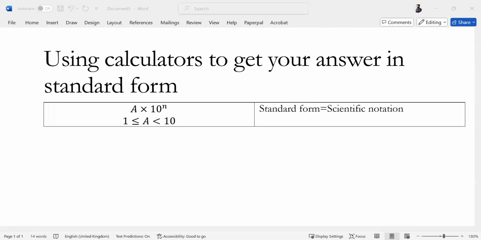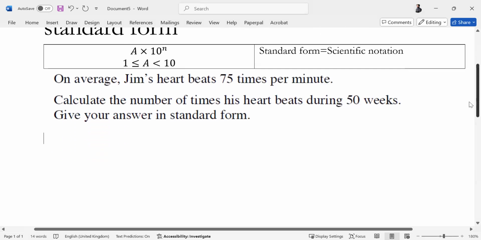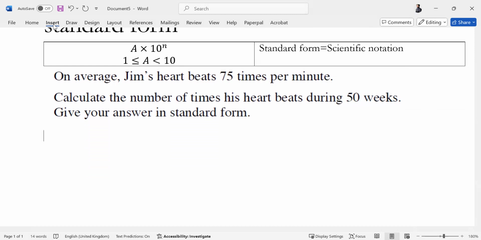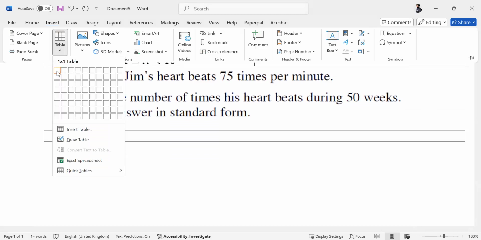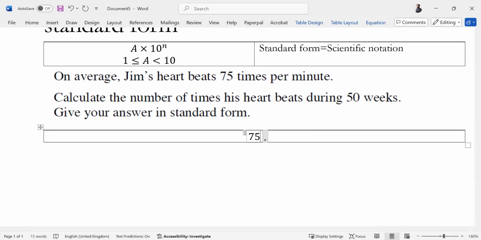Now for example, let's take this example where the question says on average Jim's heart beats 75 times per minute. Calculate the number of times his heart beats during 50 weeks. So what will we do? 75 times per minute.